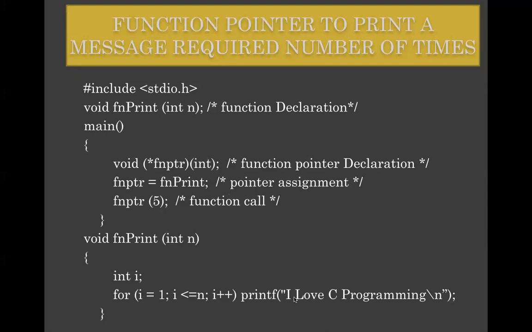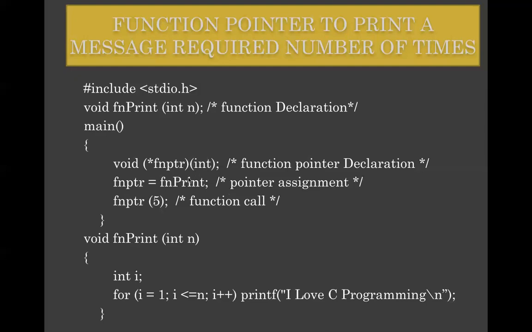To declare a pointer to function, I have to put the pointer to function within brackets. Why? Because of the precedence. On the left side, I write the return type of the function this pointer is going to point to, correct? And here I write the parameters this pointer is going to accept.